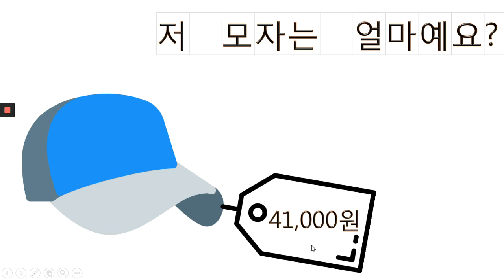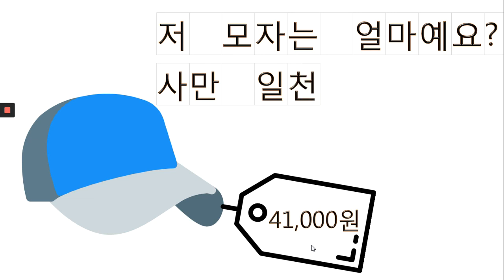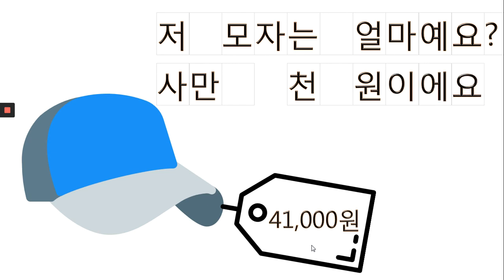And 1,000. I said no 일, omit. Okay, 1,000. And what do we need? Korean won and verb 이에요. 41,000원이에요. 저 모자는 얼마예요? 41,000원이에요.